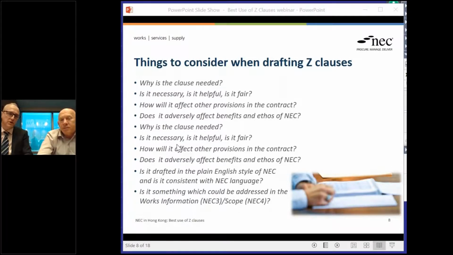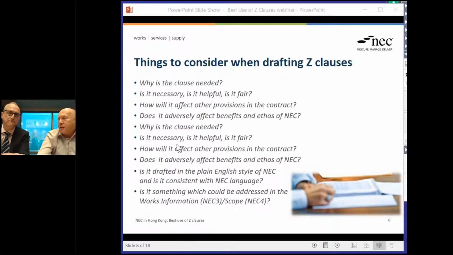So why not consider putting that in the works information, or the scope as it's now called under NEC 4? And actually, quite a lot of the bulk of stuff can often be addressed in that way. Of course, it's still in there in the contract, so in a way you're not actually reducing the bulk of the terms and conditions. You're just putting them in a different place, but it's a more logical place for some of this stuff.